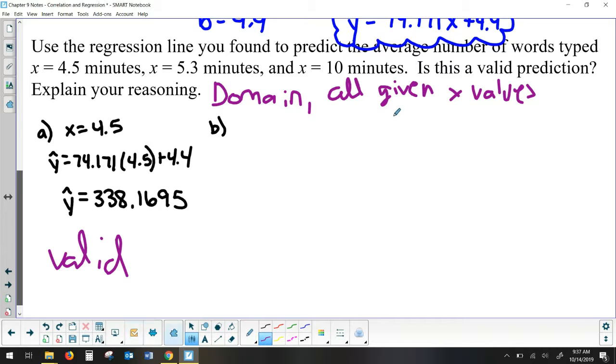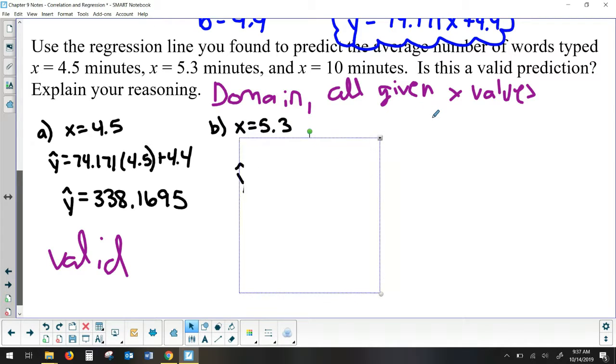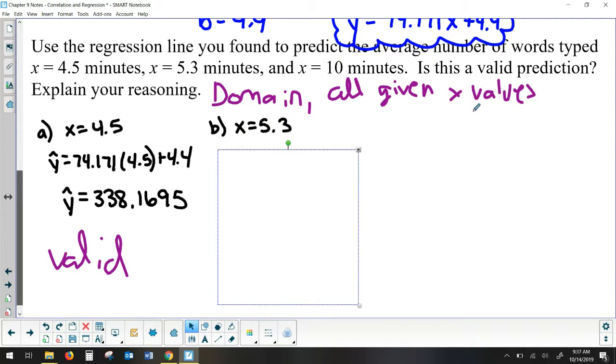All right, part B. We're given x is equal to 5.3. All right? Give you a second. Type 5.3 into that equation. Taking 74.174 multiplied by 5.3 plus 4.4.